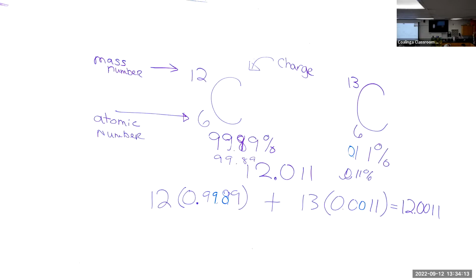So for instance, hydrogen has an atomic number of 1. Carbon has an atomic number of 6. That means that carbon has 6 protons. Protons are positively charged.